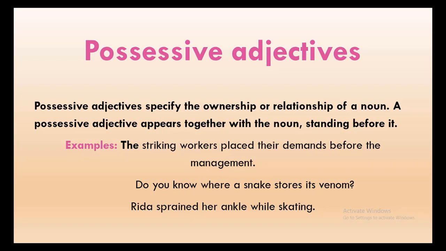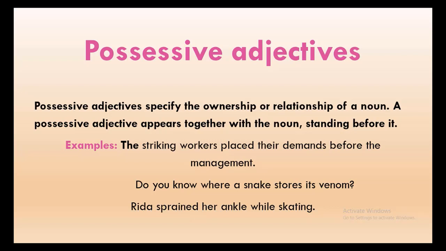The striking workers place their demands before the management. Do you know where a snake stores its venom? And Rida sprained her ankle while skating. Students, in the first sentence, their tells us that the demands belong to the workers. In the second sentence, it's described that the venom belongs to the snake.